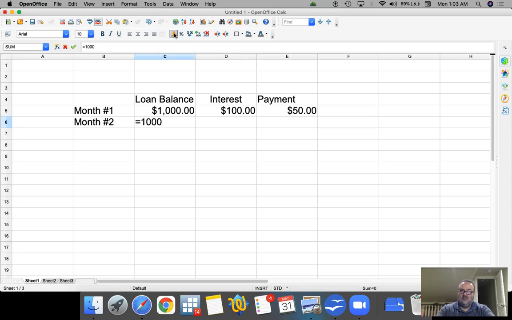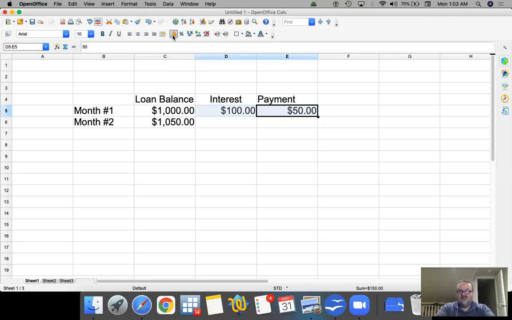That's your balance from the previous month, and then you have $100 interest added to your balance, and then you make a payment of $50. That simply means that your overall balance will increase because your interest is greater than your payment.